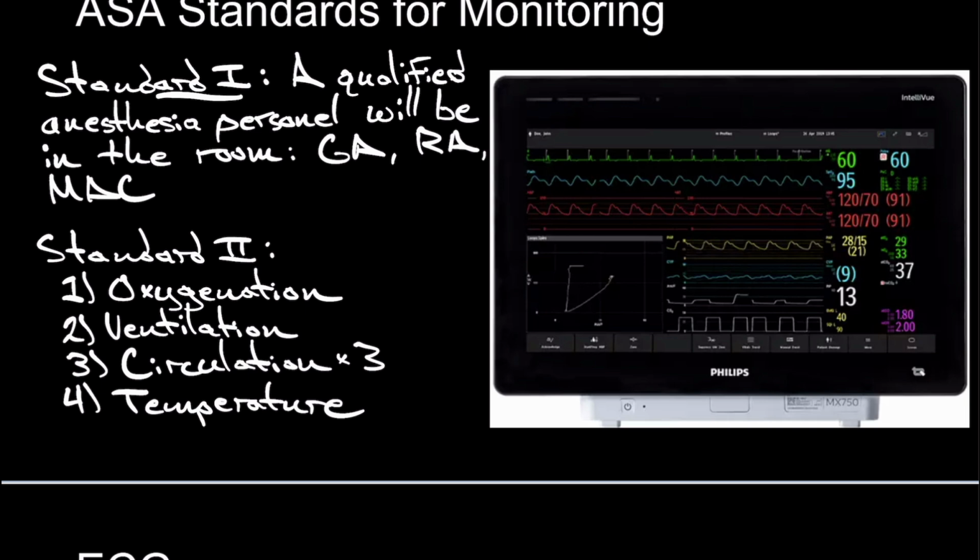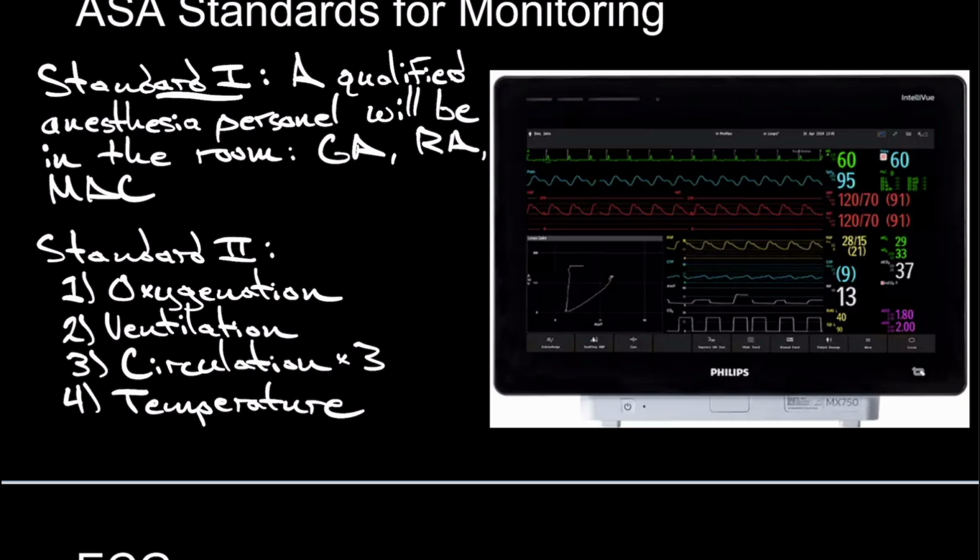Circulation is measured in at least 3 different ways. So all cases are going to have at least a minimum of a 3-lead EKG, and then that's going to be upgraded to a 5-lead EKG if there's any cardiac concerns. I'll say in my experience in Rapid City and in Sioux Falls, almost all cases include a 5-lead EKG. They're going to have a minimum of a blood pressure that's cycling at least every 5 minutes. And then there has to be at least one additional continual circulatory assessment.